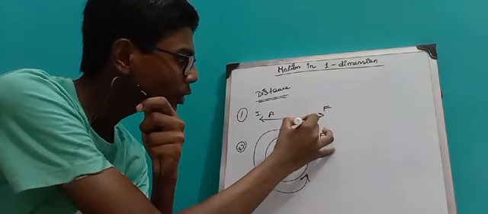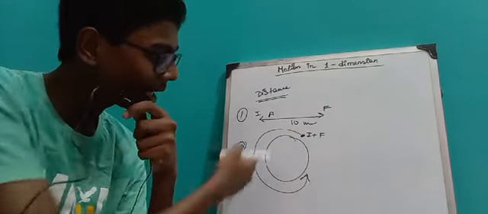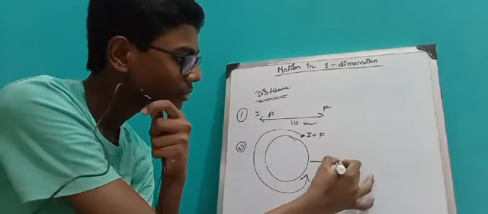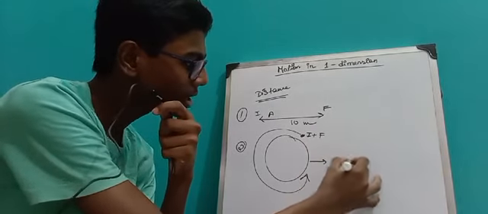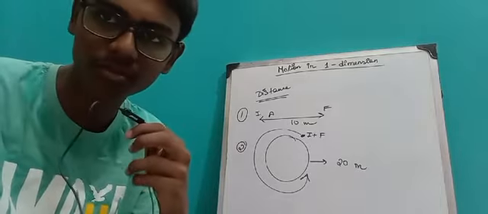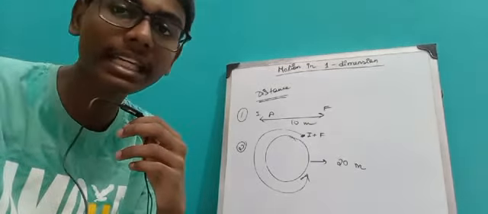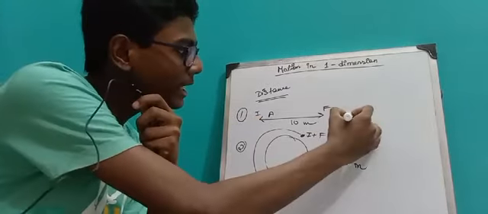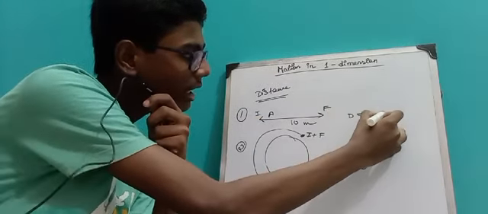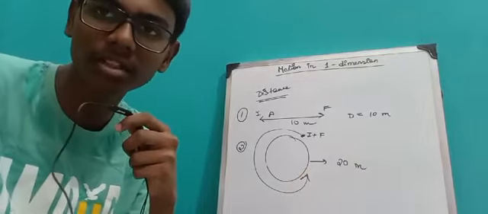Suppose the length of the road is 10 meter and the perimeter of the circle is, suppose, 20 meters. So the distance traveled by the body A in the first case will be 10 meter. That is, distance equals 10 meter.